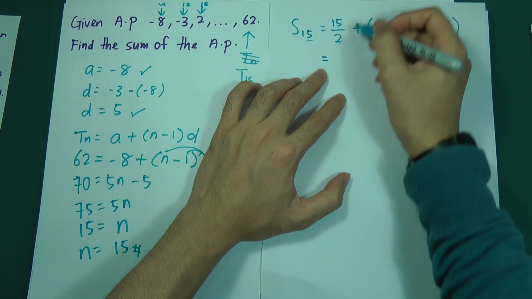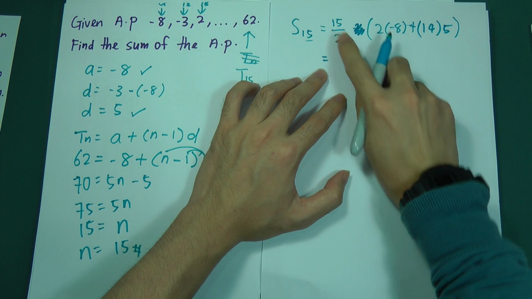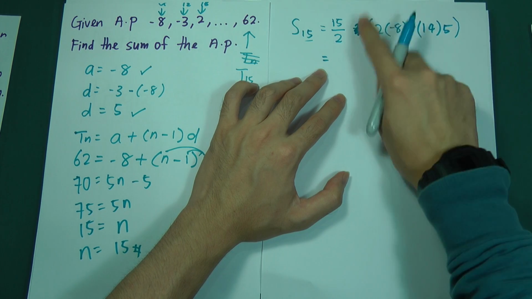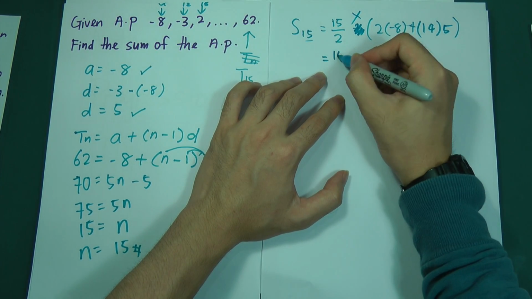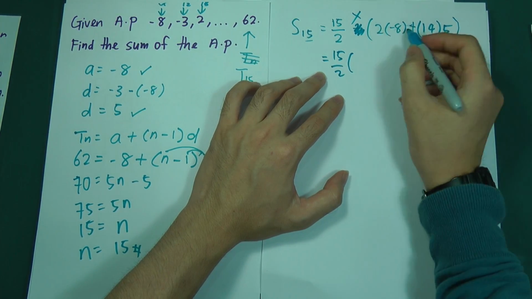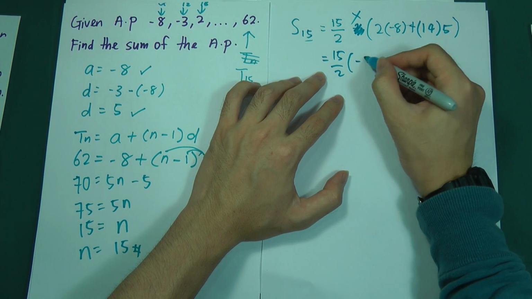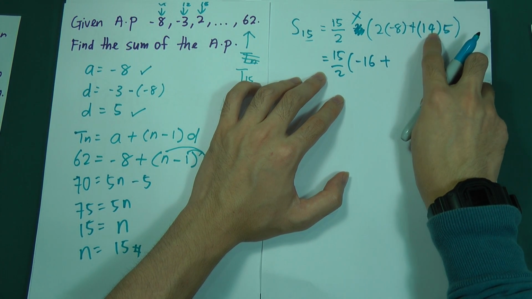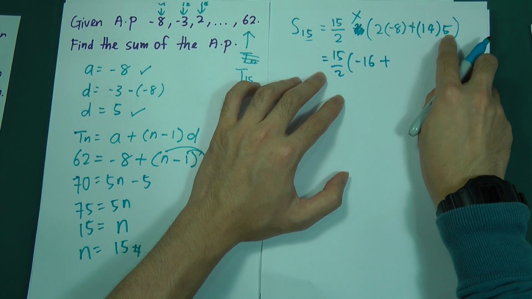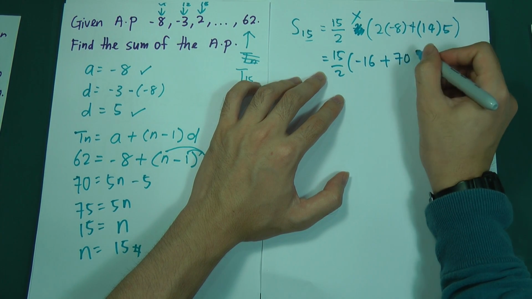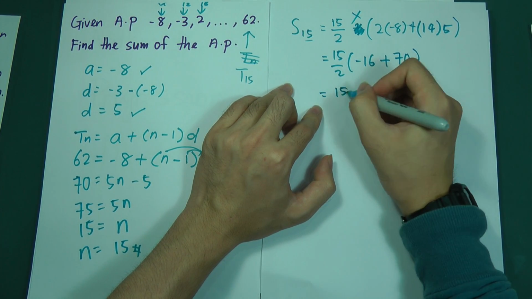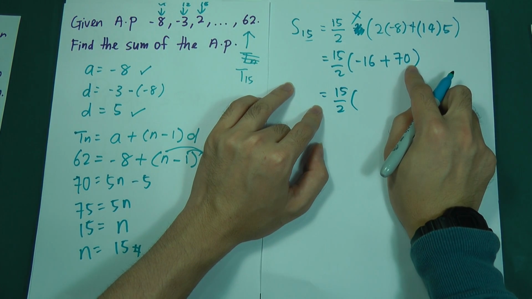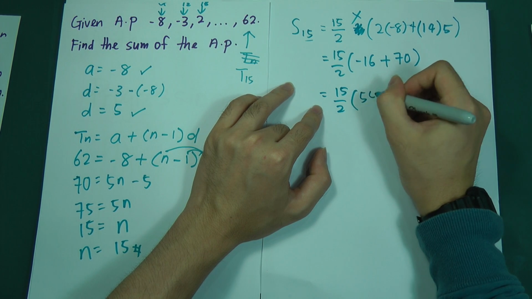Sorry, this is not plus, this is multiply. N over 2 multiplied by 2a plus n minus 1 d. So 15 over 2. 2a, 2 multiplied by negative 8, we got negative 16, plus n minus 1, 15 minus 1 is 14, 14 multiplied by d, we multiply in, we got 70. Then negative 16 plus 70, we will get 54.